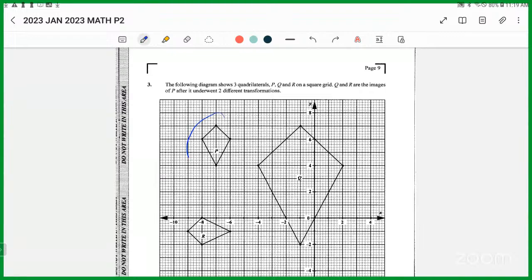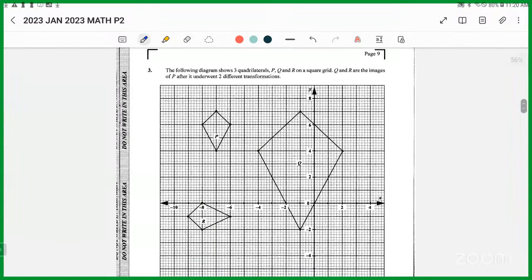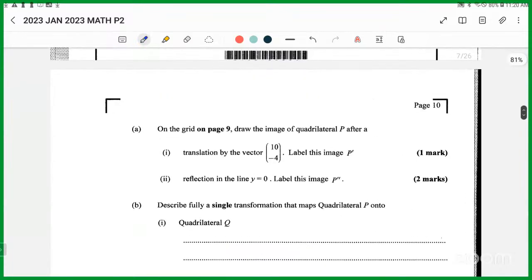So this has a transformation to this, and this has a transformation to that. All right? And they're going to want us clearly to describe those two transformations. Well, let's answer the questions. First part says, on the same grid on page 9, draw the image of quadrilateral P after a translation of 10 negative 4 and label it P prime.